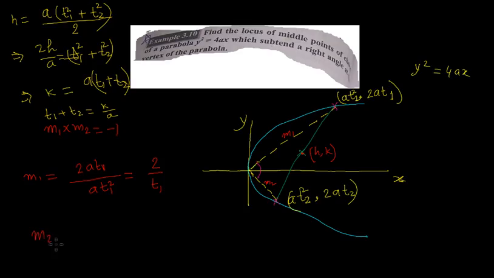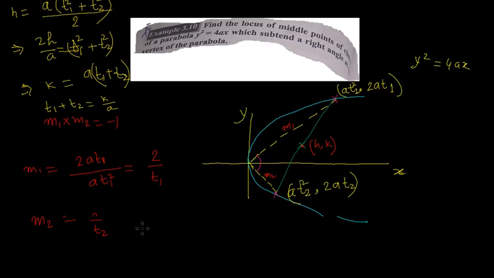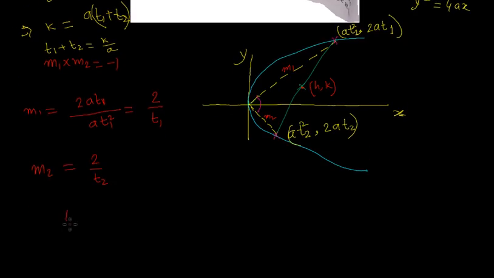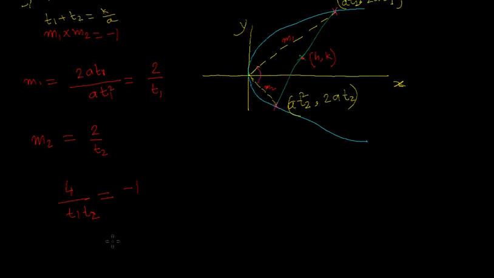Similarly for m2, you will get 2a t2 divided by a t2 square, which means you will get 2 by t2. And m1 into m2 is equal to minus 1, which means 4 divided by t1 t2 will be equal to minus 1, which means t1 into t2 will be equal to minus 4.